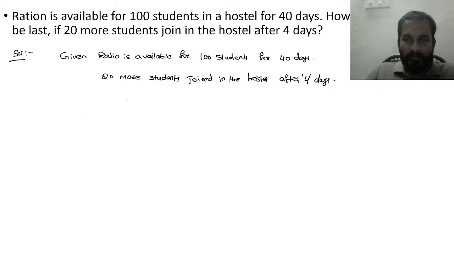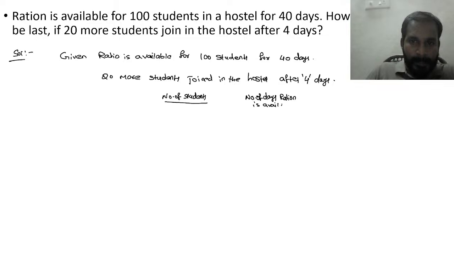How do we need to represent the given data? See here, students: number of students, number of days the ration is available. Initially the number of students is 100, and the ration will be available for 40 days.